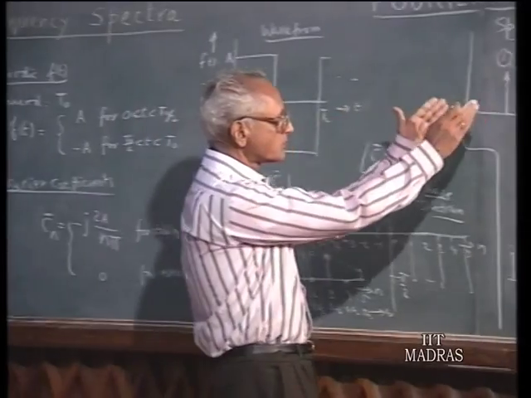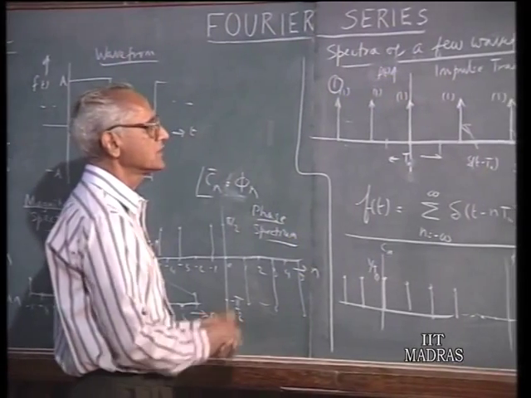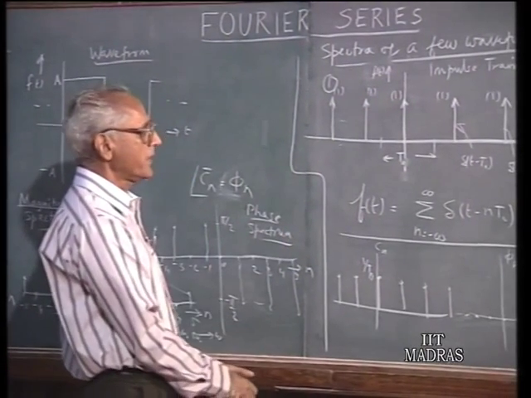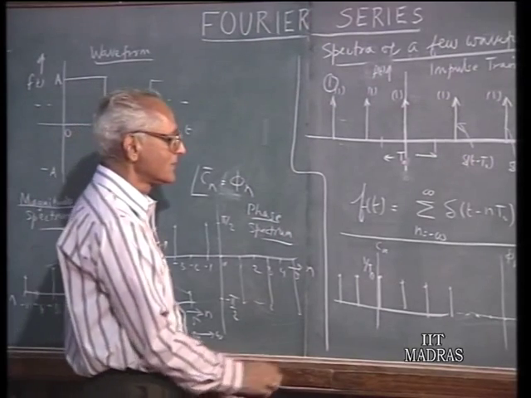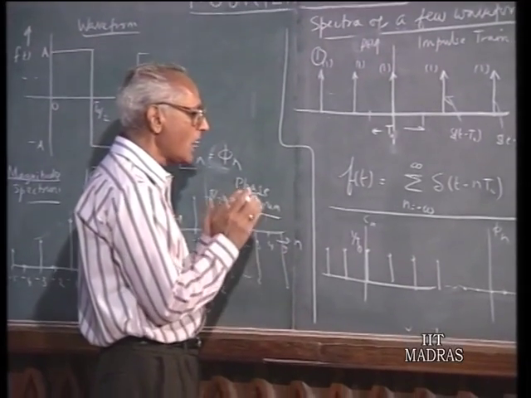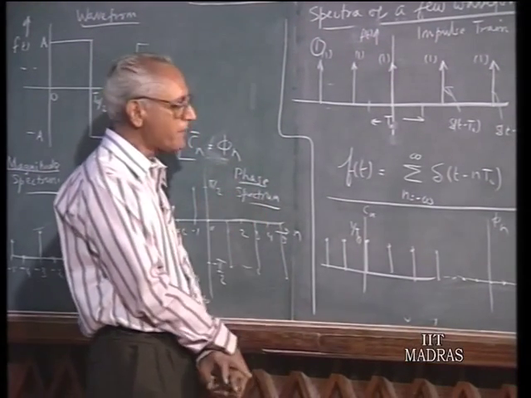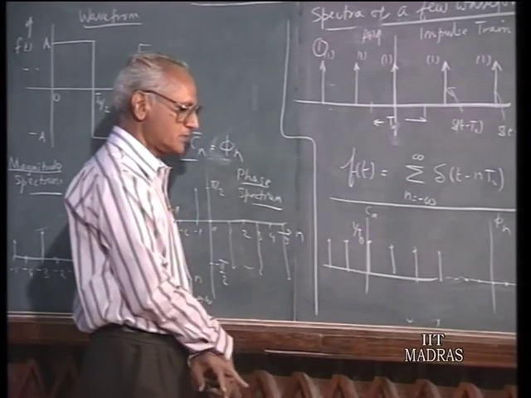You have a train of impulses of unit strength occurring regularly at intervals of t naught, then the spectrum for that is all flat, in the sense that all harmonic components have the same magnitude. They do not go down as n goes up, they retain.